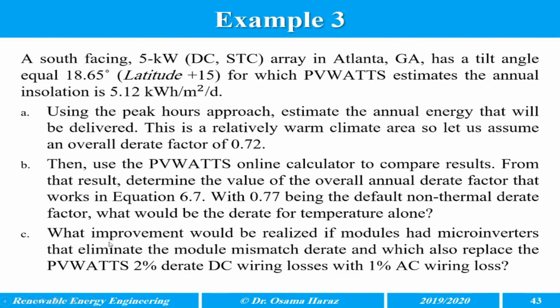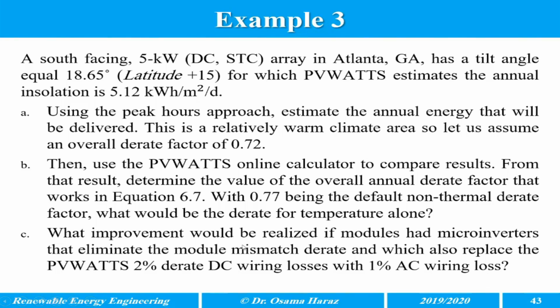Part C. What improvement would be realized if modules had microinverters that eliminate the module mismatch D-rate, and also replace the PV Watts 20% D-rate DC wiring losses with 1% AC wiring losses?